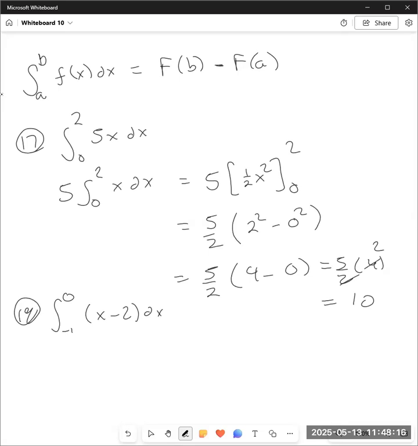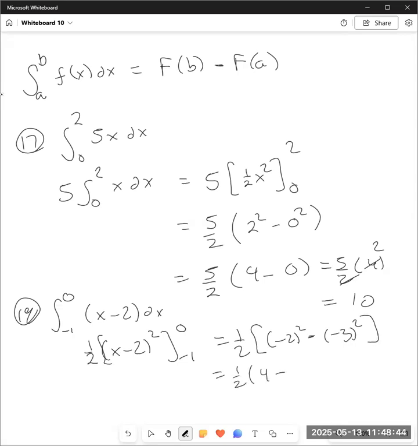I'm going to do it that way and say that this is going to be 1/2 of x minus 2 squared, and that gets evaluated from -1 to 0. So this is 1/2 of, plug in 0 is -2 squared minus, stick in -1, and that's -3 squared. Will give me 1/2 of 4 minus 9 is -5/2.